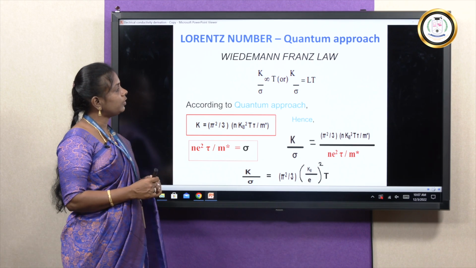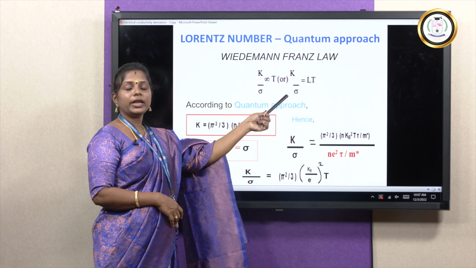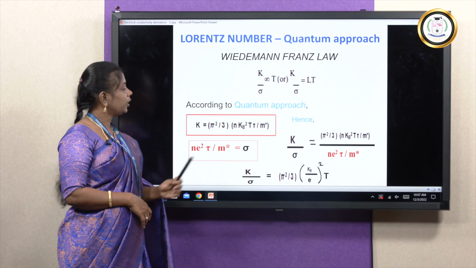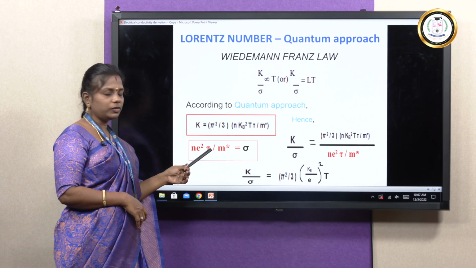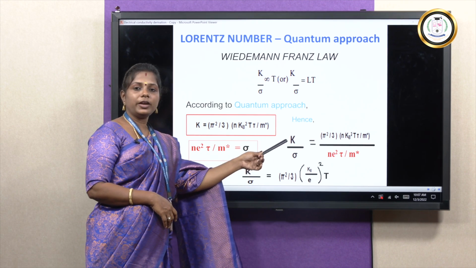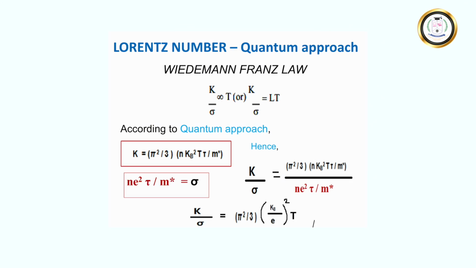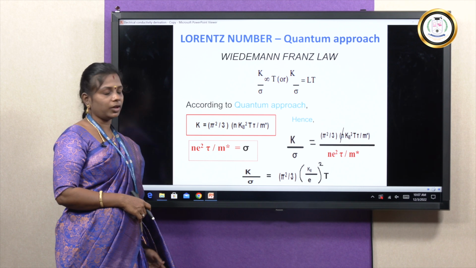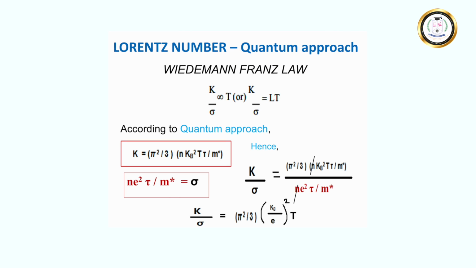How to get the Lorentz number value? We want the ratio of K by sigma. By using these expressions, the ratio of K by sigma is pi square by 3 n kb square T into tau by m star, divided by Ne square tau by m star. In both the terms, n is common, so n cancels.